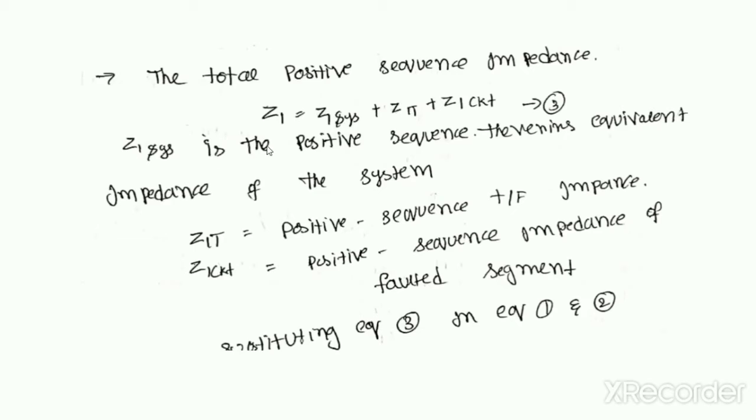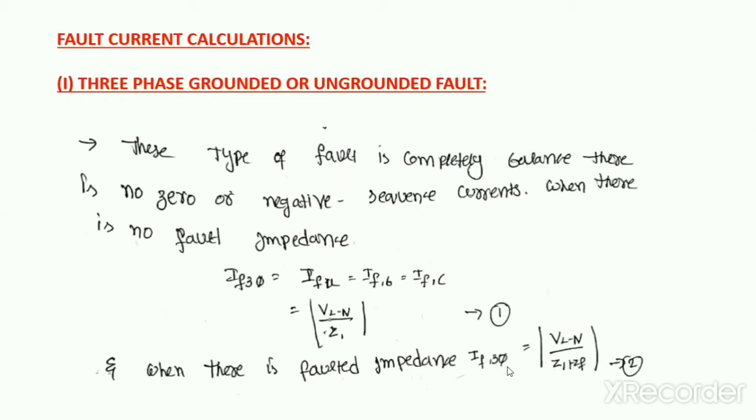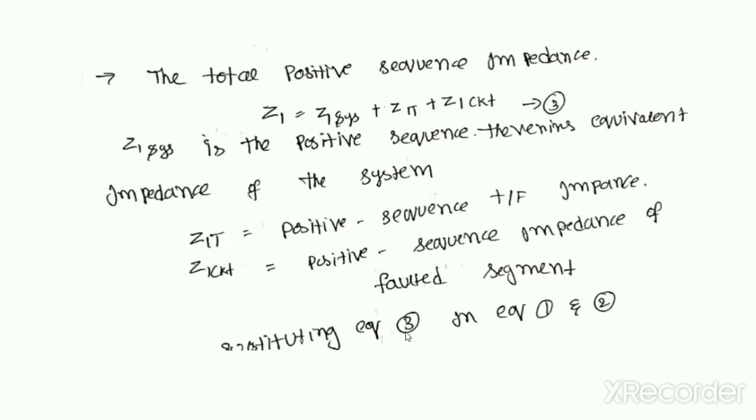Z1S is the positive sequence Thevenin equivalent impedance, Z1T is the positive sequence transformer impedance, and Z1 circuit is the positive sequence impedance of the faulted segment, the faulted circuit. This is equation number 3.